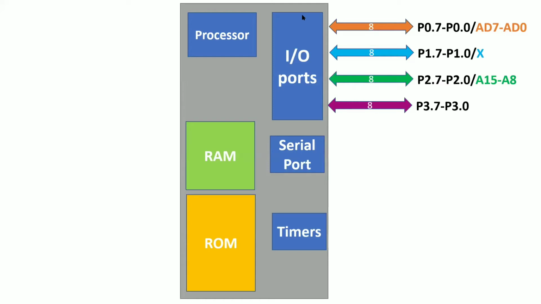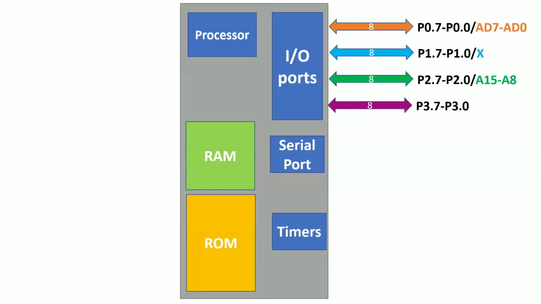And the lower order address bus, that is A0 to A7, is multiplexed with the data bus. So what is the size of the data bus? 8-bit, because it is an 8-bit microcontroller, right? So the data bus and lower order address bus are multiplexed together, and it is multiplexed with port 0. That means port 0 can also access the multiplexed address bus and data bus as well as act as an input and output port.